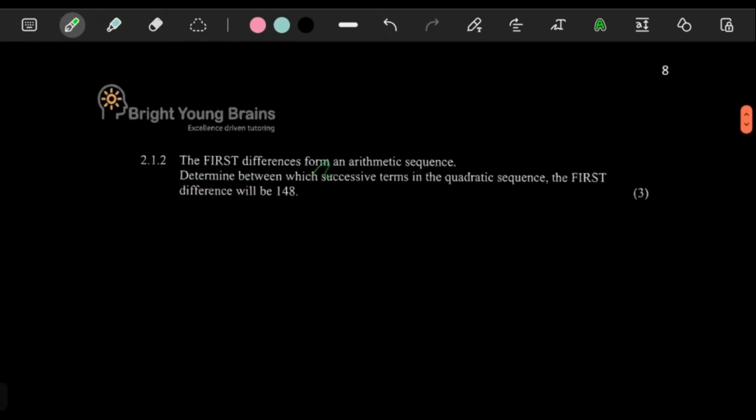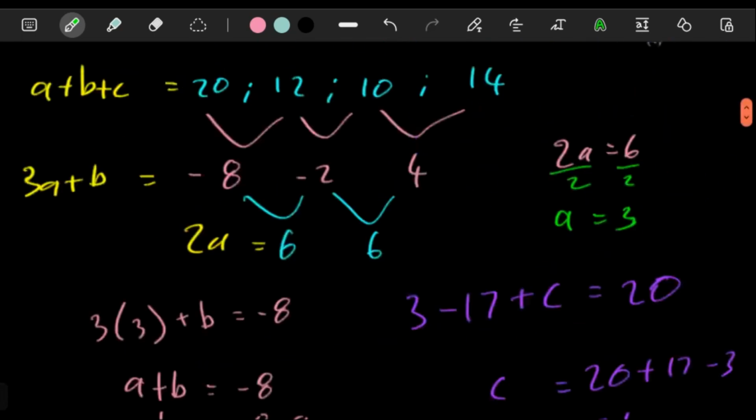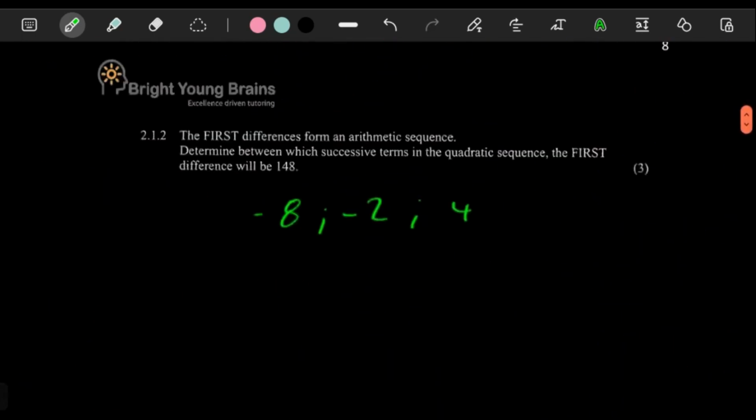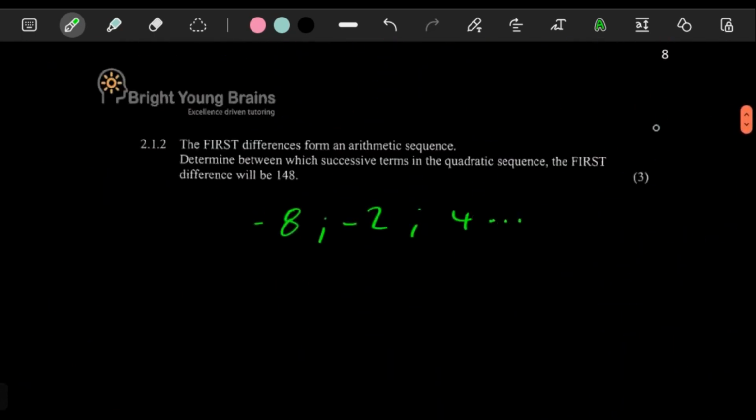So they said here, these first differences form an arithmetic sequence. Determine between which successive terms in the quadratic sequence the first difference will be 148. So all they mean is, in this sequence here, negative 8, negative 2, and 4, they want us to find out where we have 148.